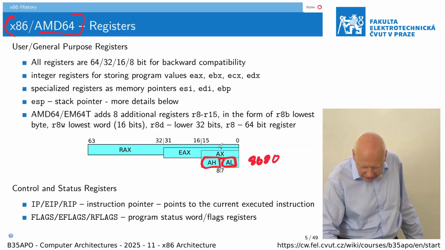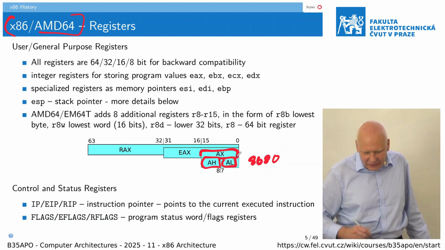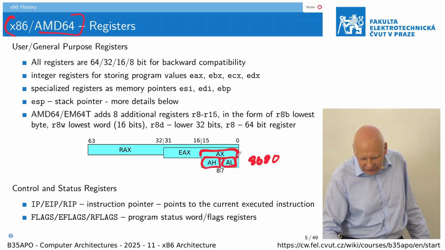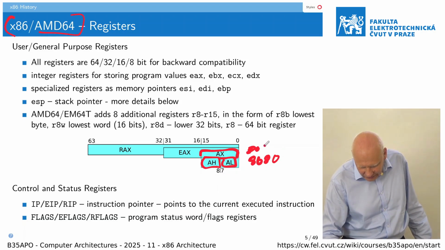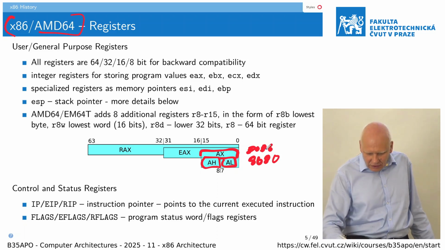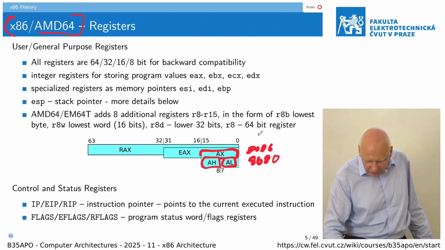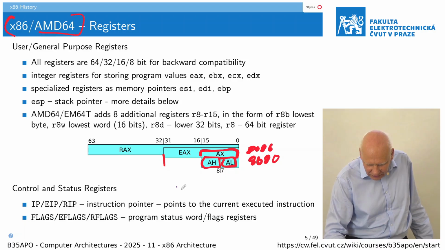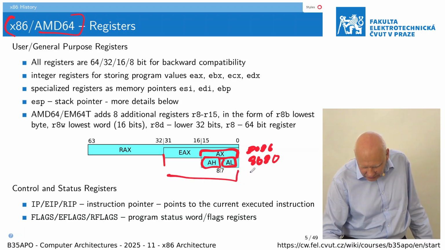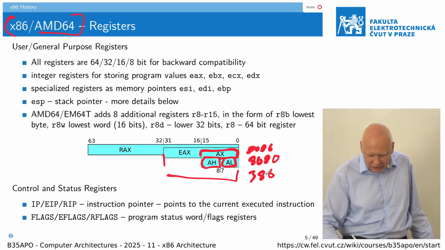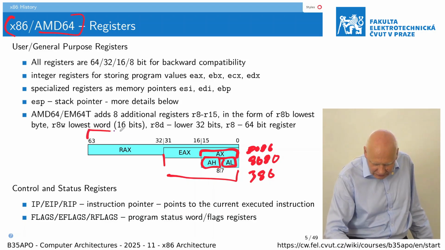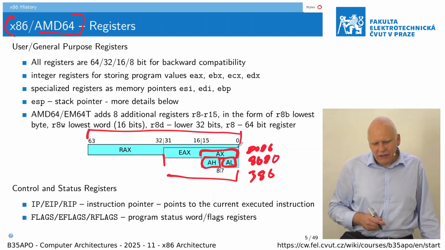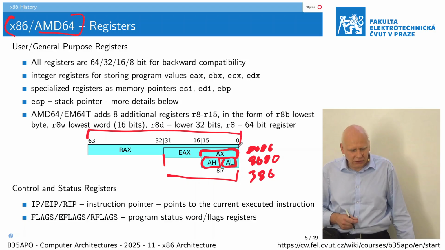This AX 16-bit access to the registers is 8086. Then 32-bit registers are 386, and then this is that AMD64 extension.